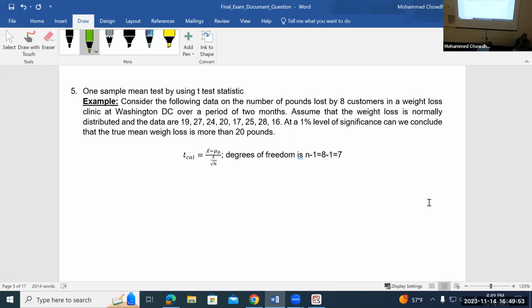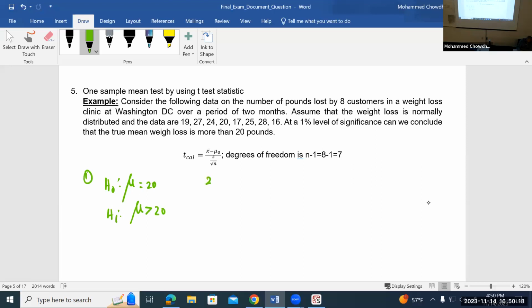Assume that the weight loss is normally distributed. At a 1% level of significance, we conclude that the true mean weight loss is more than 20 pounds. So step 1, the null hypothesis is mu equal to 20, and the alternative hypothesis is mu greater than 20.